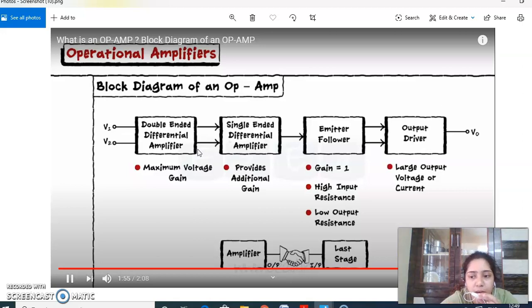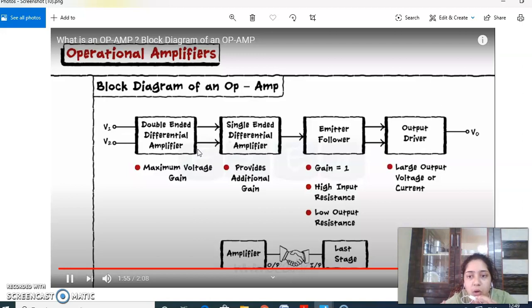So in order to reduce the DC level, we use a level translator. That level translator reduces the DC level below zero. That is the purpose of using the buffer and level translator.